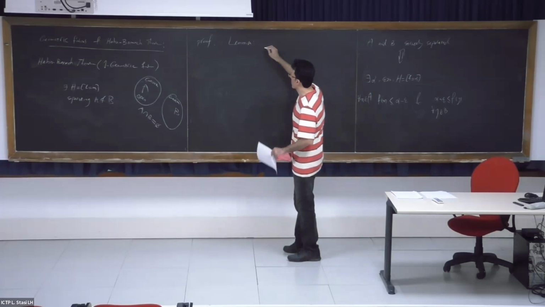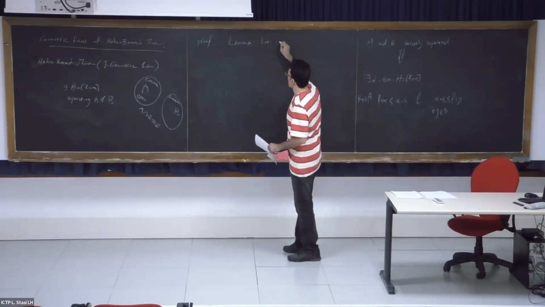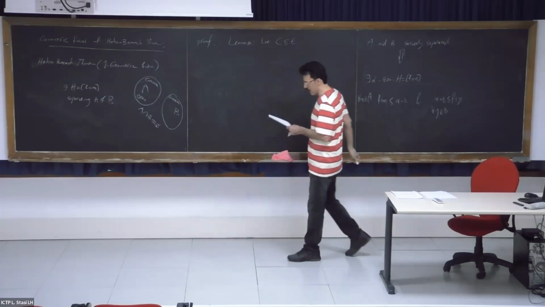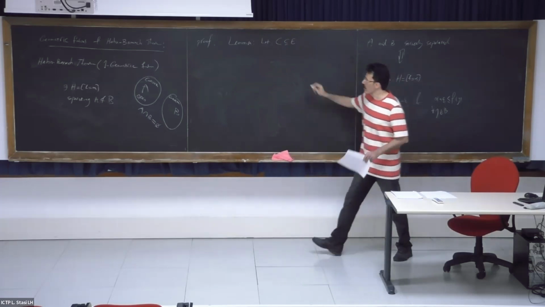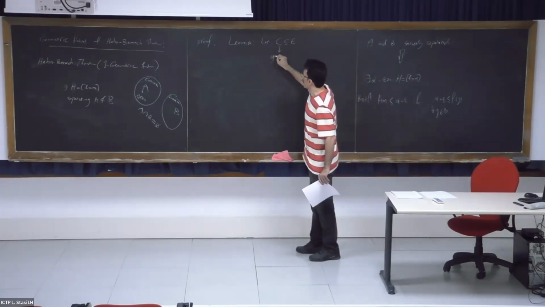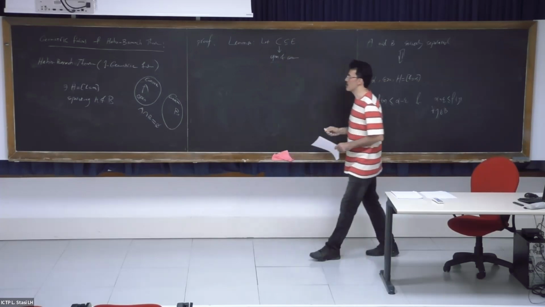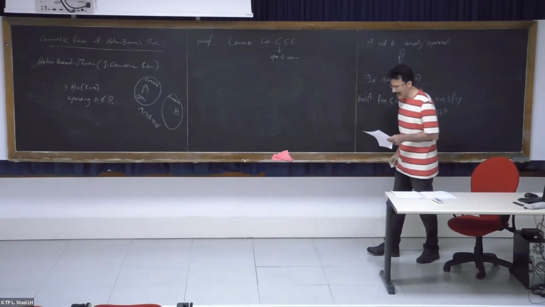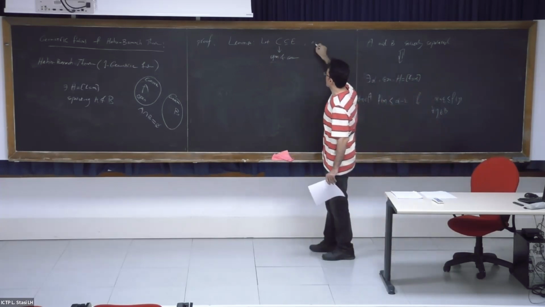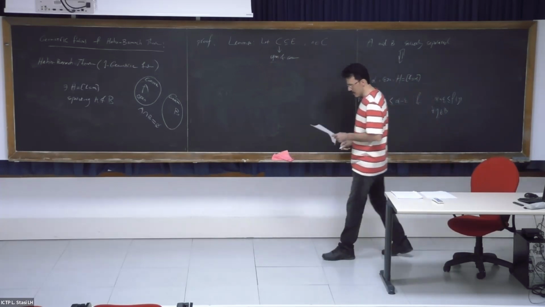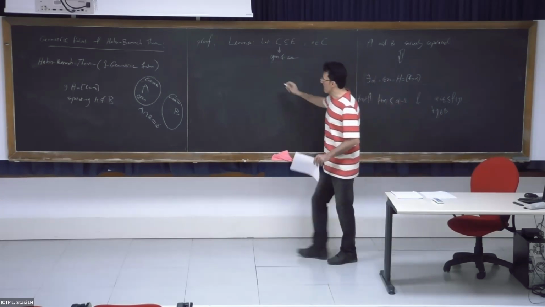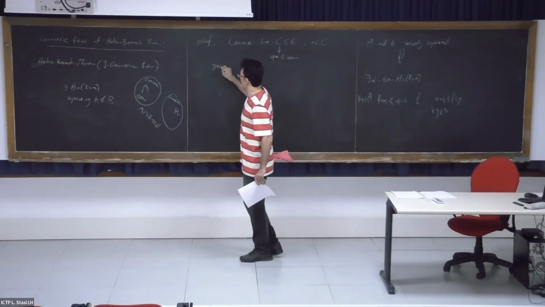Let C be a subset of E, which is open and convex with this property, and assume that 0 is an element in C. Define P of x.